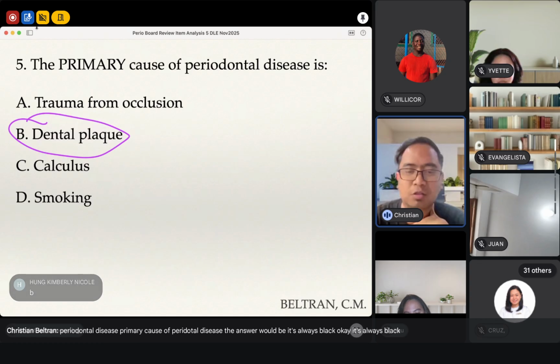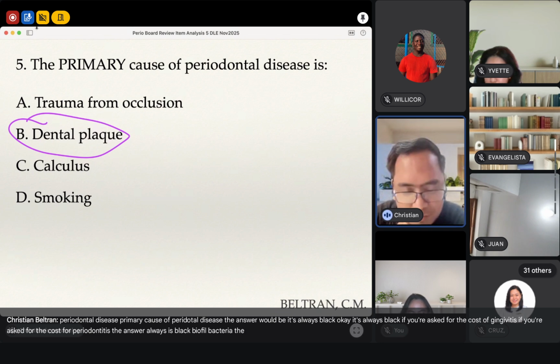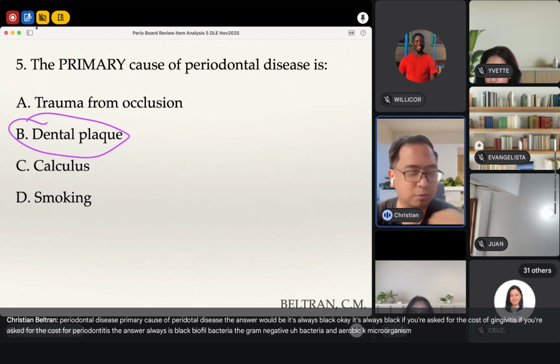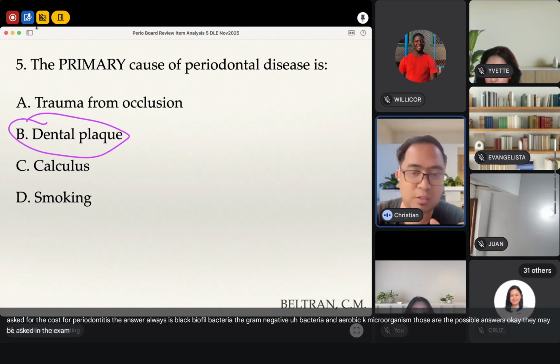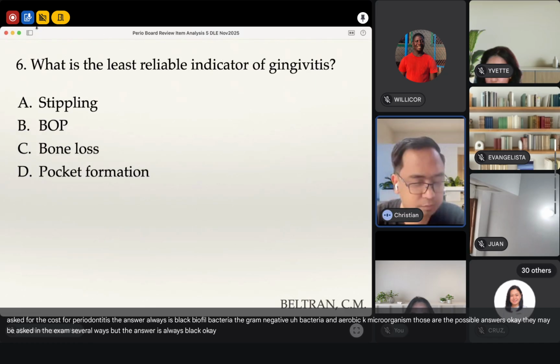It's always plaque. If you're asked for the cause of gingivitis, if you're asked for the cause for periodontitis, the answer always is plaque, biofilm, bacteria, gram-negative bacteria, anaerobic, okay, microorganism. Those are the possible answers. Okay? They may be asked in the exam several ways, but the answer is always plaque. Okay?